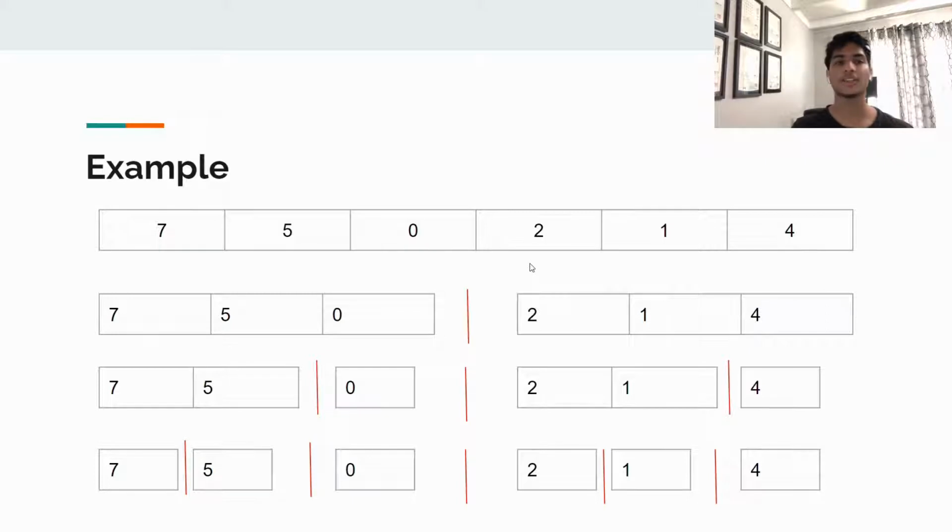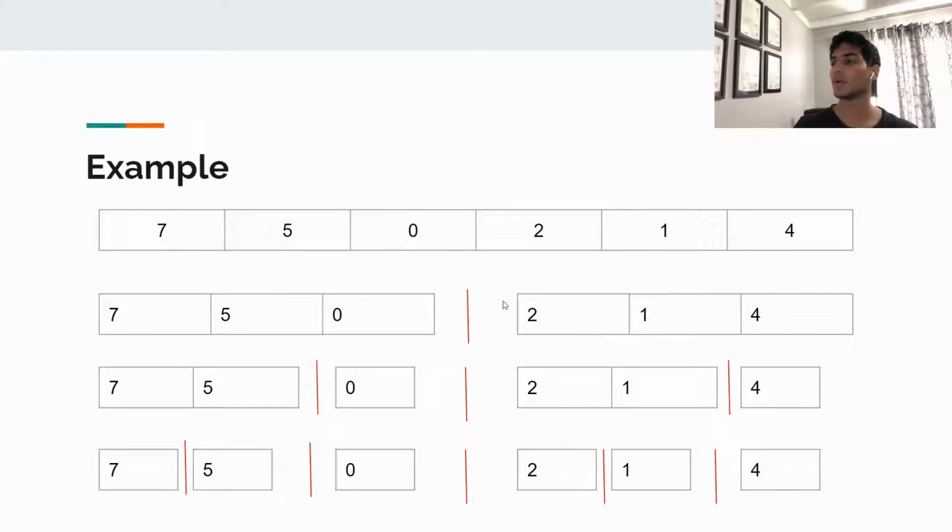The first step in merge sort is that at every iteration, you break the array in half. Essentially over here, we start off with this entire array, this one large array, and then we break it up into two arrays. So we have 7, 5, 0 here, and 2, 1, 4 over here.